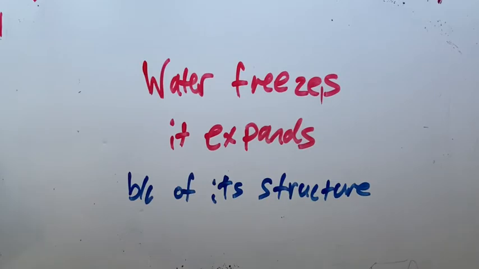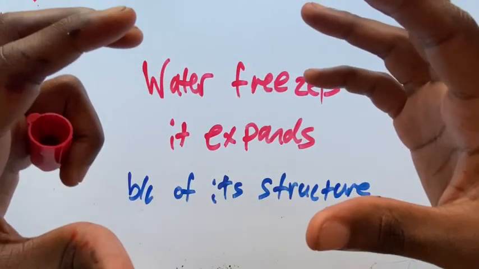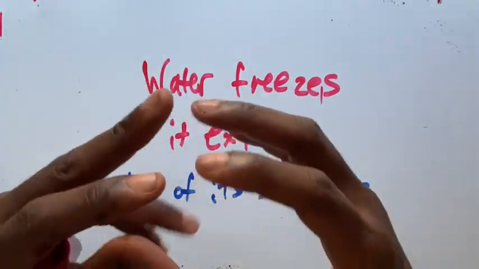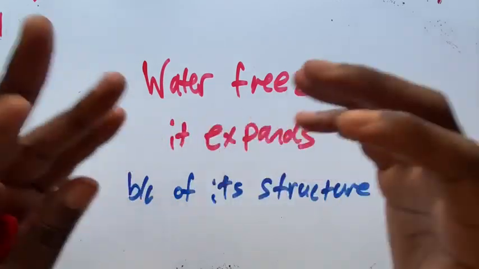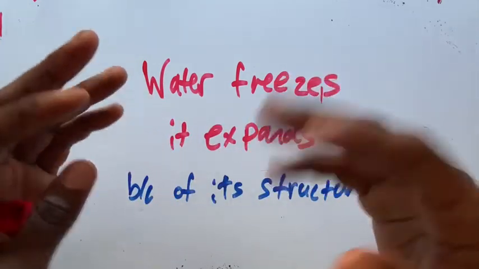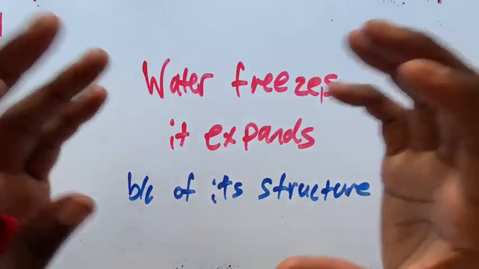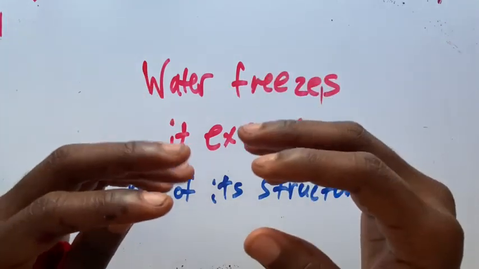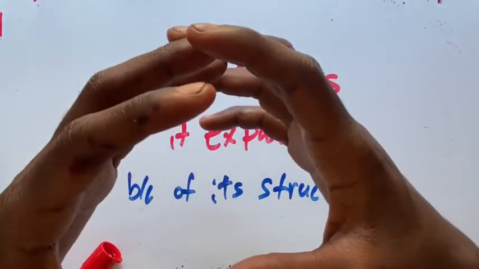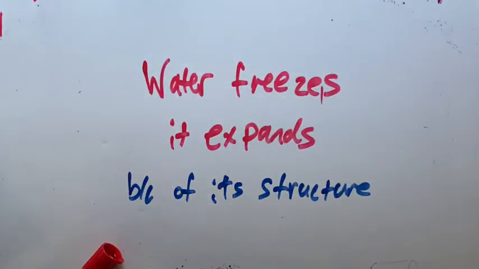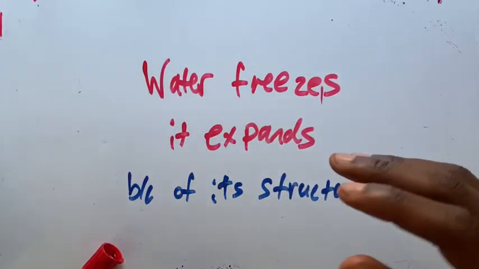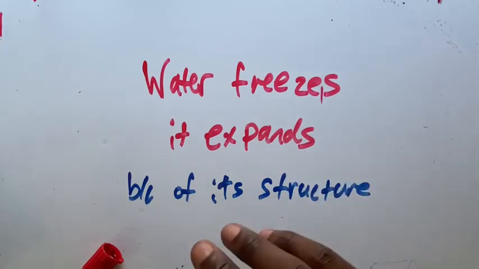Right? So since water inside the pipes is freezing, it's going to expand. And also when the pipes get cold, they're going to contract. So we have the pipes contracting and the water expanding at the same time. That's basically what's causing the pipes to burst.